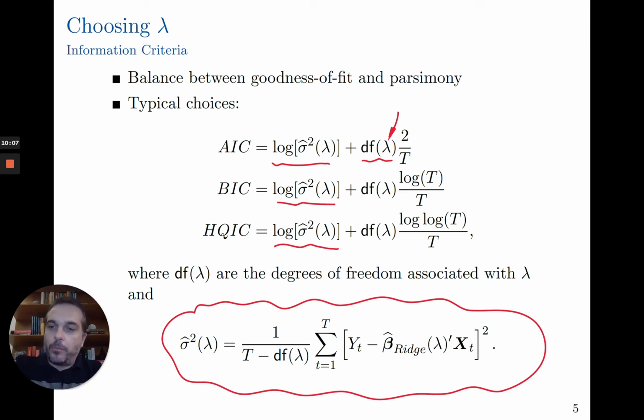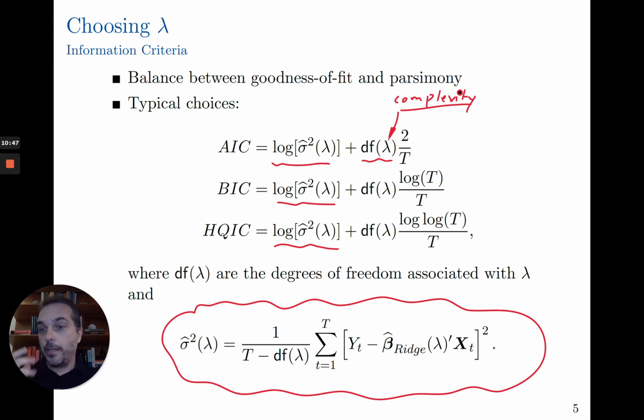So we are shrinking the coefficient estimates towards zero. So the higher the lambda, the smaller the degrees of freedom. The lower the lambda, the less penalization and regularization we are using, and the higher the number of degrees of freedom. So this is the measure of complexity of the model. And again, it's common to all three criteria.